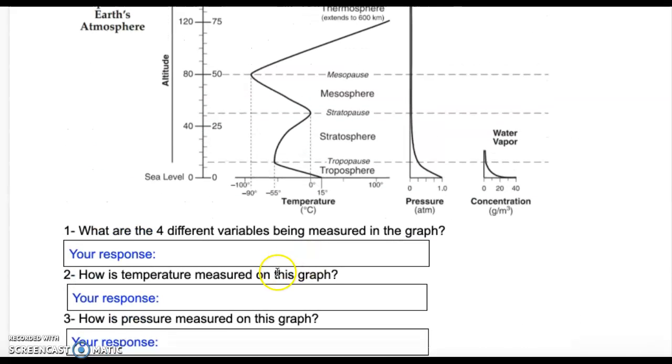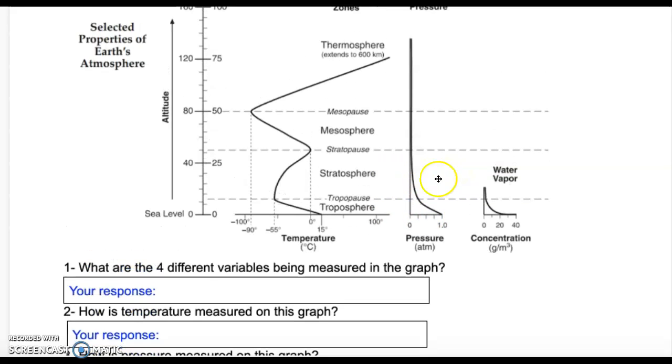Well, let's look at pressure. So we see that pressure and concentration are not as fluctuating as the temperature. So we see that the pressure has more of a linear growth.